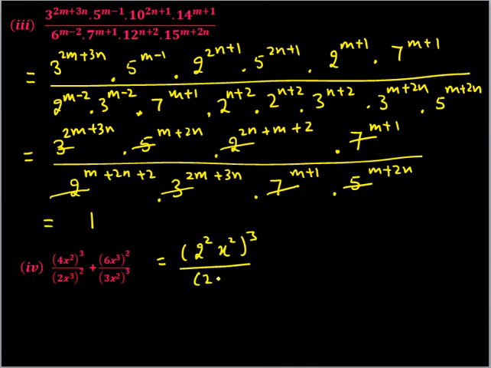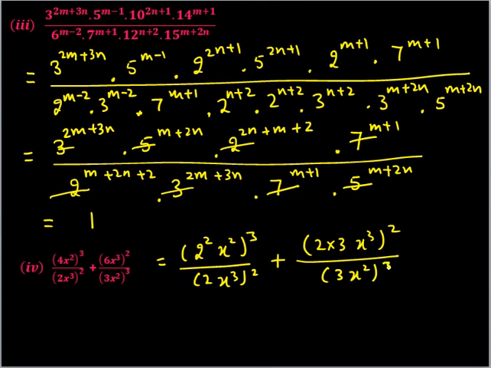So for time being I am writing it like this only, 2x cube whole square. Now to this we are adding the next part. In the next part this is 6 here. 6 can be written as 2 into 3 and then we have got x cube whole raised to the power 2. Denominator is already in the simplified form, 3x square with an exponent 3, entire term with an exponent 3.